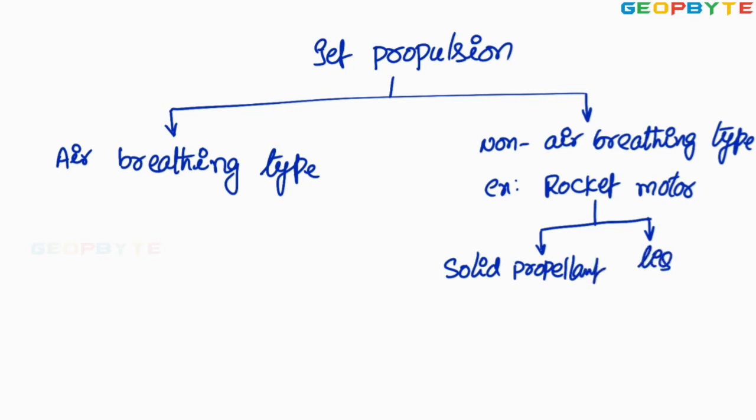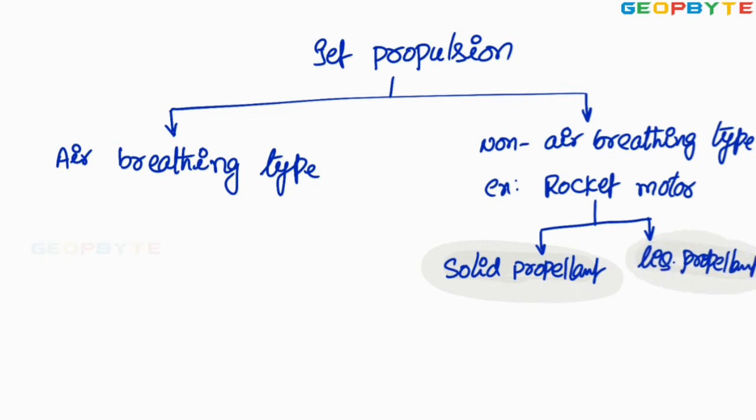Dear friends, remember, propellant means the combination of fuel and oxidizer used for the rocket motor is called propellant. That propellant may be available either in the form of solid or liquid.